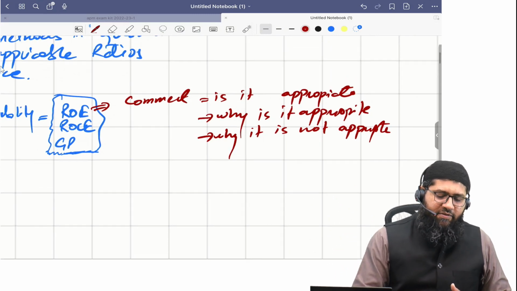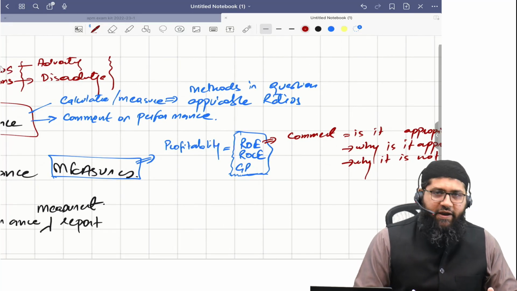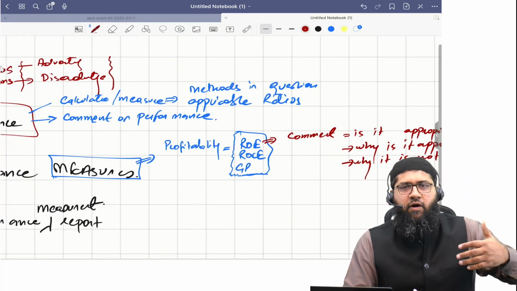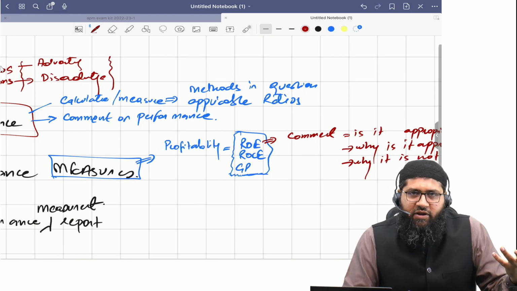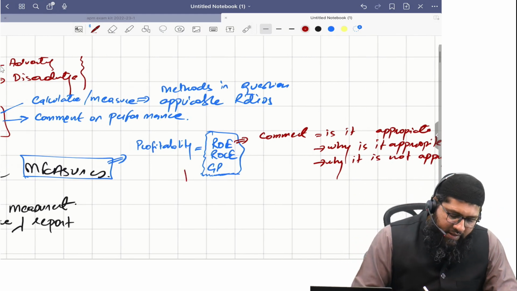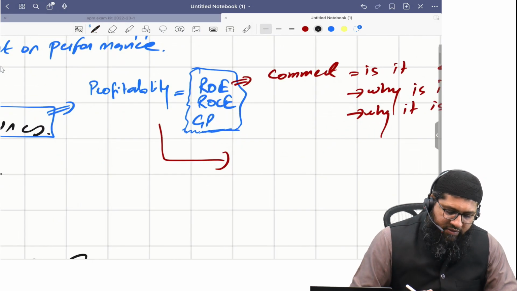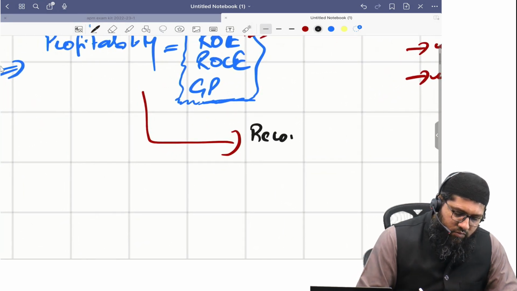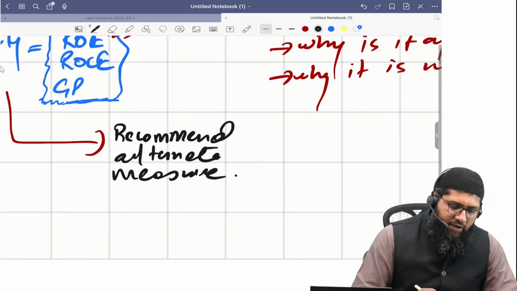Now, at times the examiner would also ask you for recommendations. For example, if he says evaluate the performance measures and suggest suitable measures, or recommend the alternate measures.